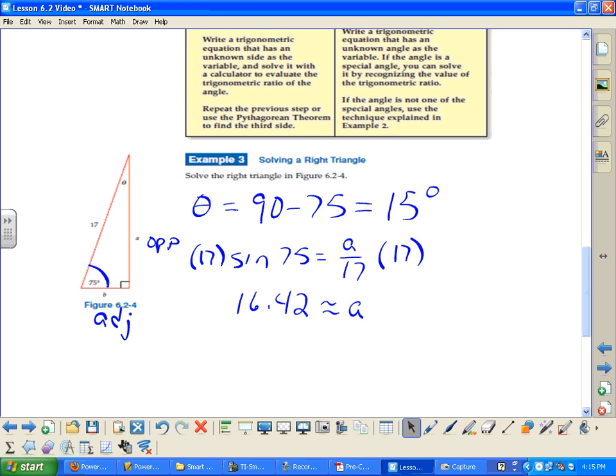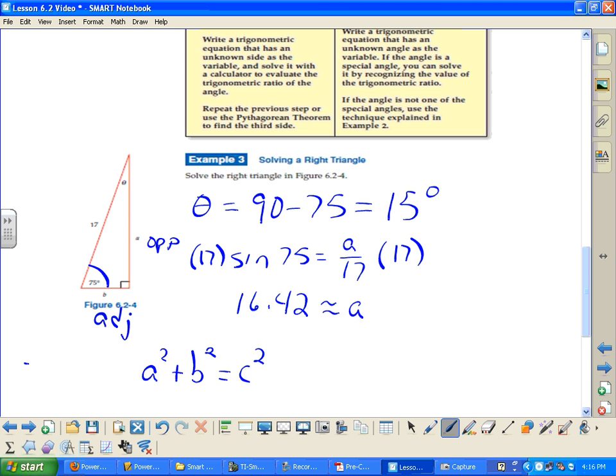And now to find side B, the third side, you actually have a choice. You could use the Pythagorean theorem, a squared plus b squared equals c squared.